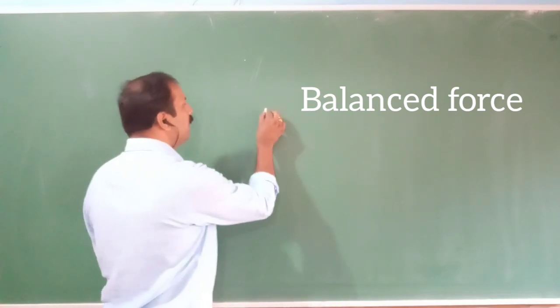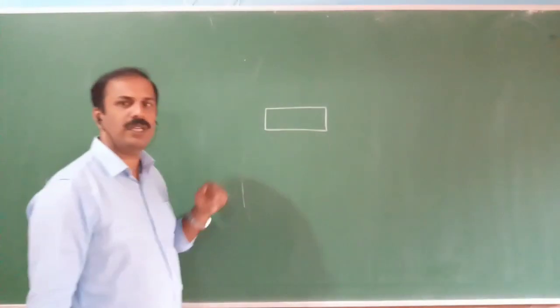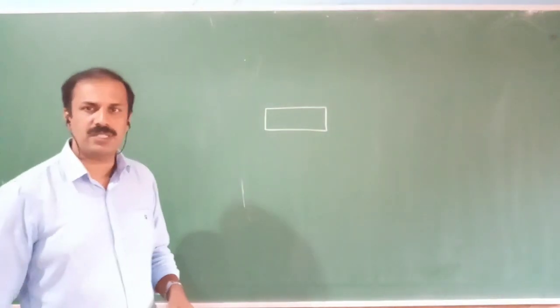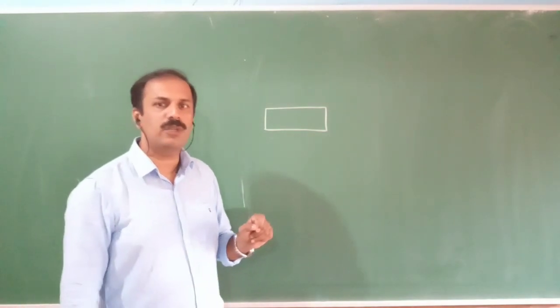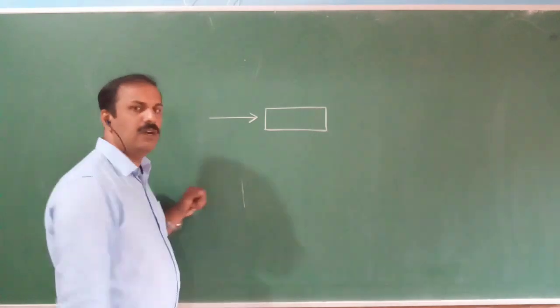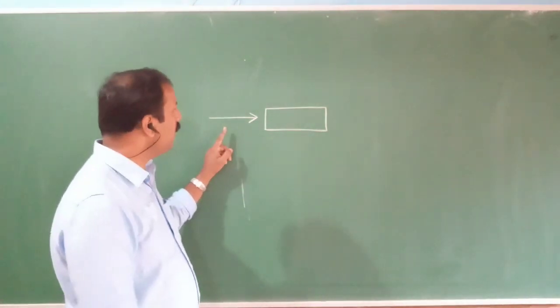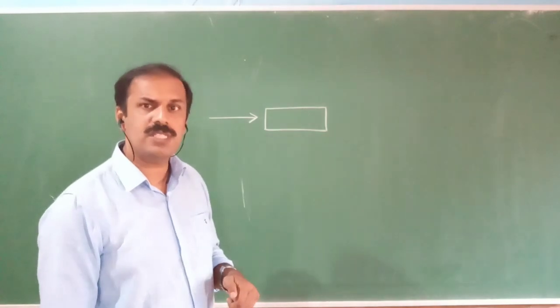Now consider we have an object like this, and that object has a particular mass. We are applying a force on it. Whenever we apply a force on an object, we can draw an arrow mark. This arrow mark indicates the force, because force is a vector quantity.